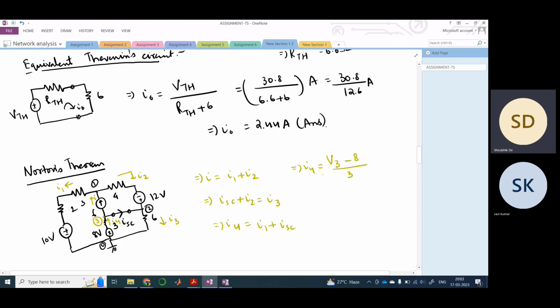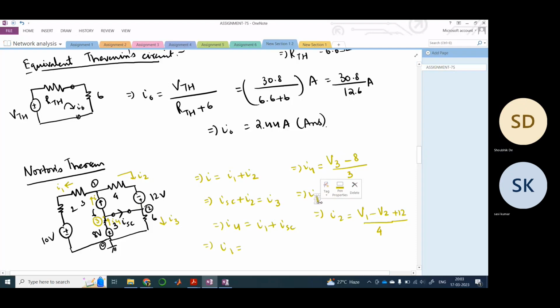Then ISC, your I1 is what? I1 is 6 amperes. Then I2 is V1 minus V2, and here you also have plus 12, divided by 4. Then this would be I, not I1.